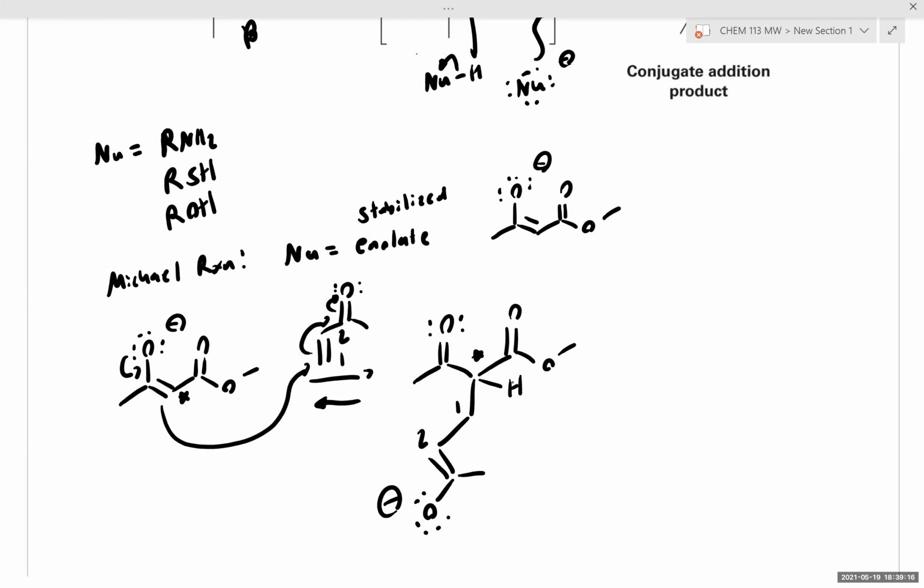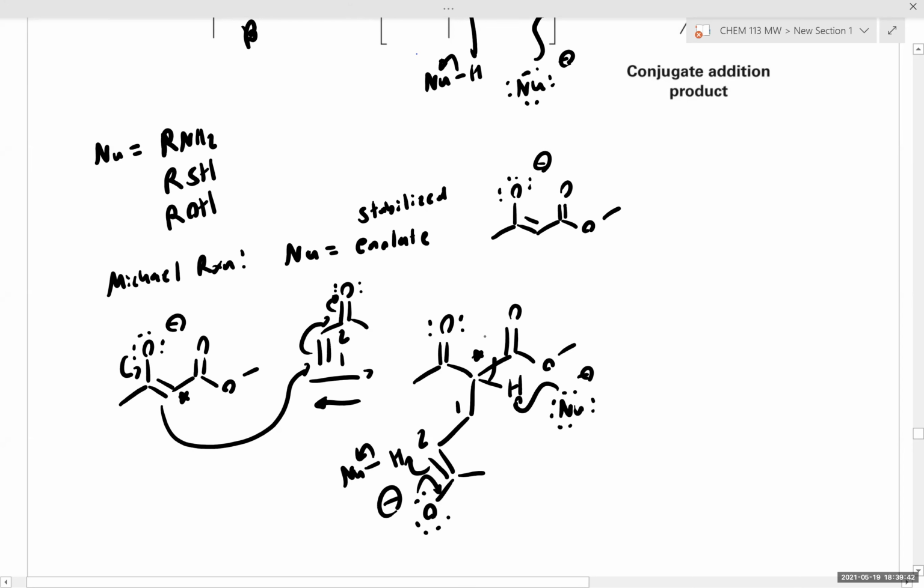So we have this basic enolate that we made after conjugate addition, right? That enolate's just sitting around. Yeah, because we have this acidic alpha proton, we're going to see a proton transfer. So we'll protonate our enolate and then deprotonate our alpha position.